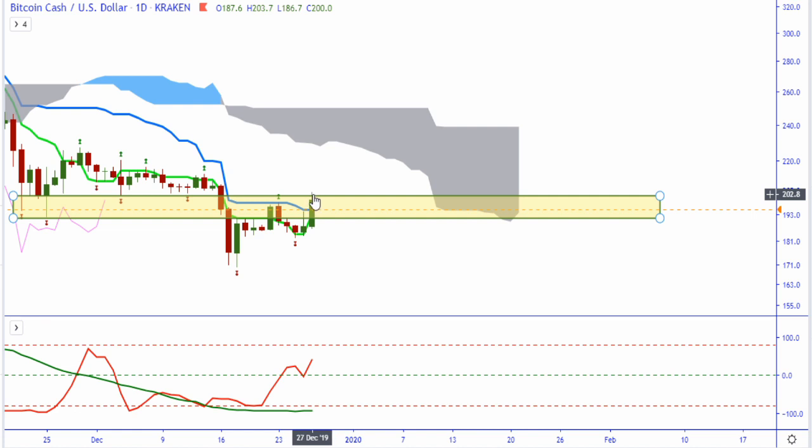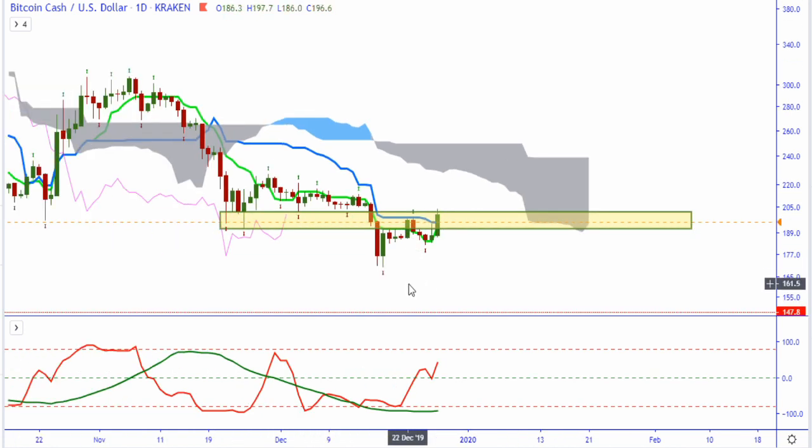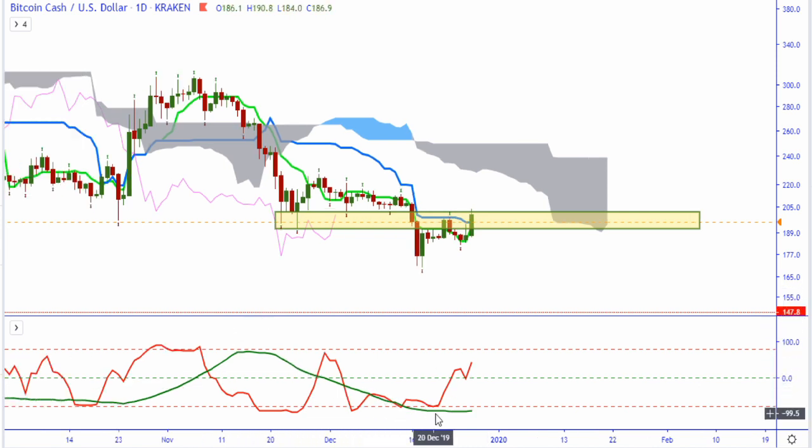If we close right at this level, we still may not see price break out of it, because the resistance zone is here. And what I'm looking at with the rank correlation index is that this trend to the downside is super strong. All right, it's showing a really strong trend to the downside. So breaking this level might be a temporary move.